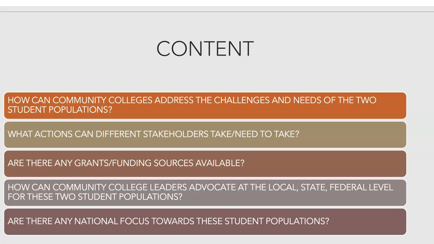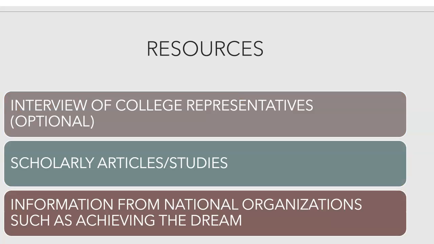So if you are aware of something like that, discuss that. This is totally optional. If you know of someone in a community college who might know about this student population, then you can talk to them and include the details that you get from them.